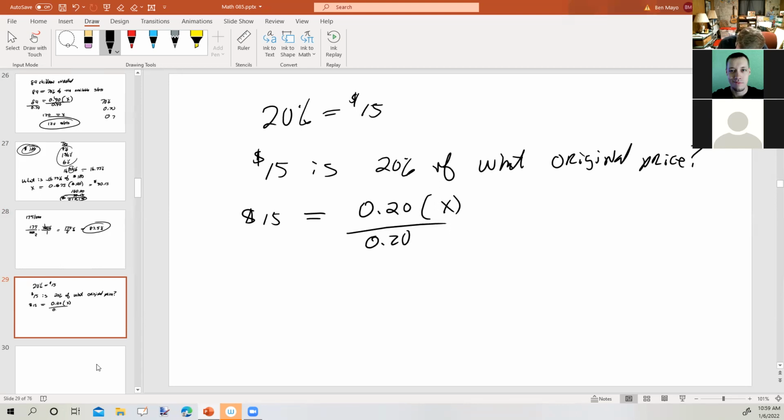Solving for X, we're going to take 15 divided by 0.20, and we get 75. And the units for this would be dollars. So $75 was the original price.